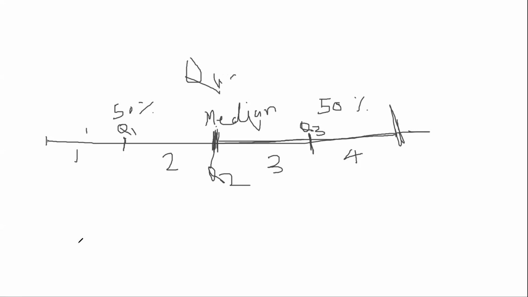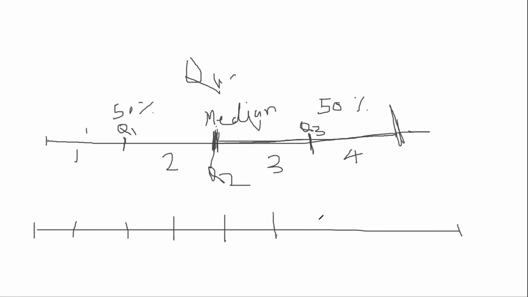Now similarly, if you take this data and divide into 10 equal pieces, 1, 2, 3, 4, 5, 6, 7, 8, 9, 10, this is called decile.